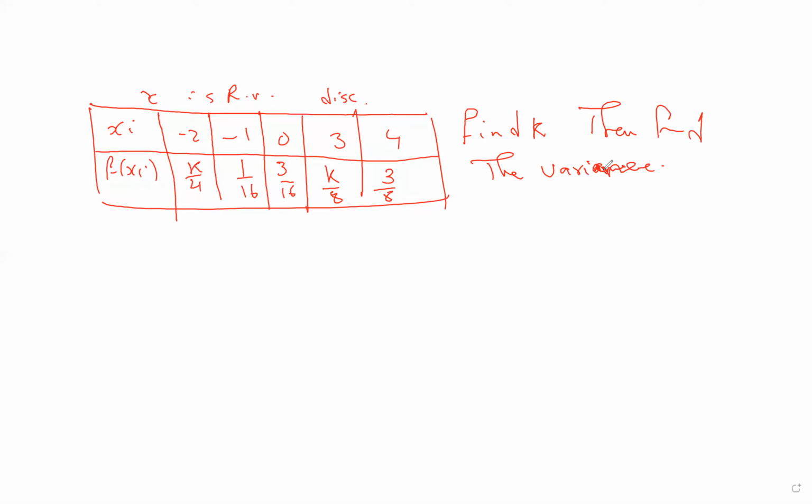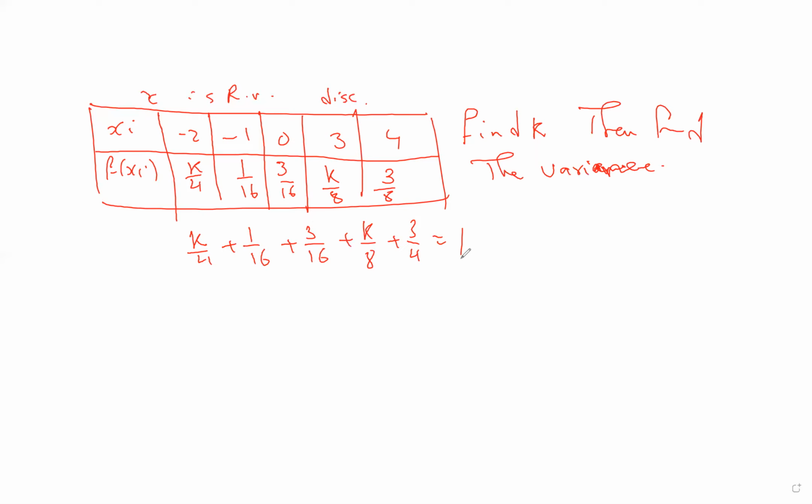You know that the sum of all the probabilities must be 1. Then to find k, you have to add all these values and make it equal 1 to find this unknown value. So k over 4 plus 1 over 16 plus 3 over 16 plus k over 8 plus 3 over 4 must be 1. Okay?